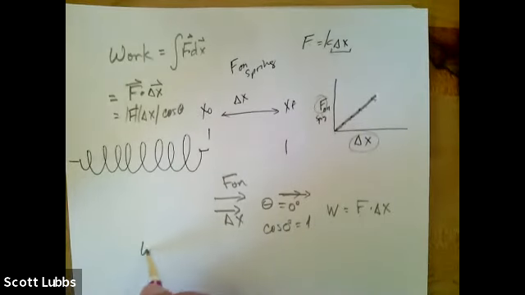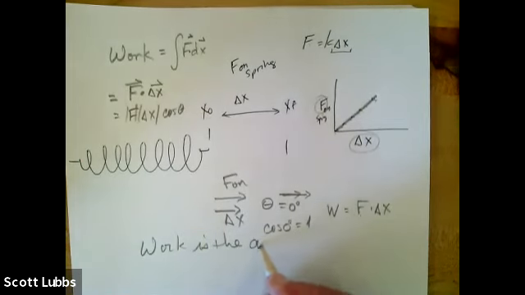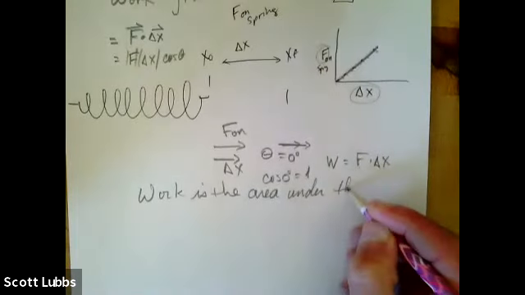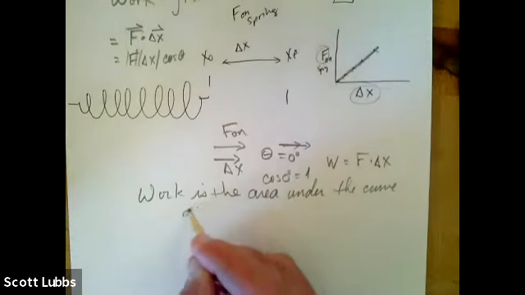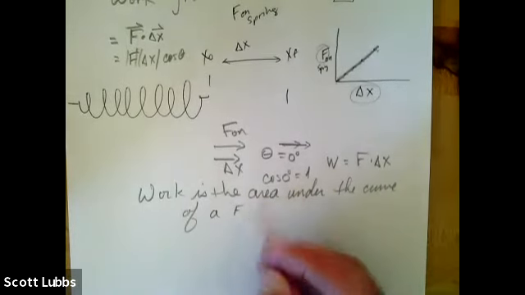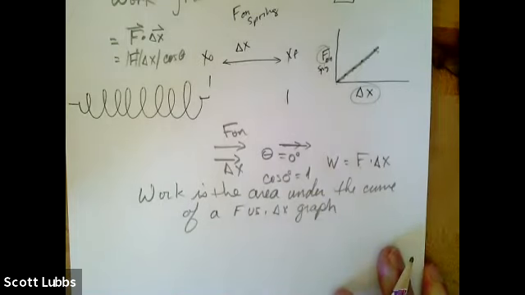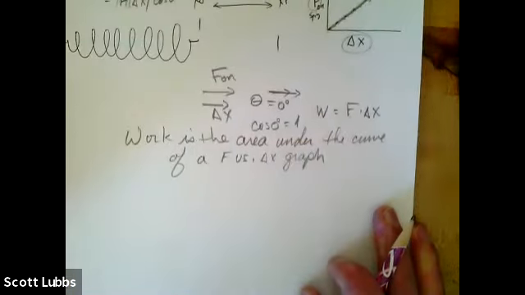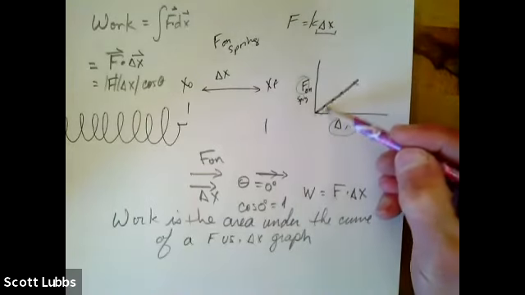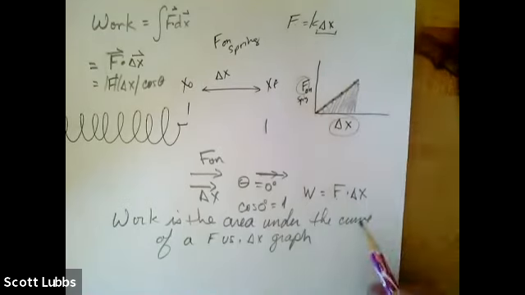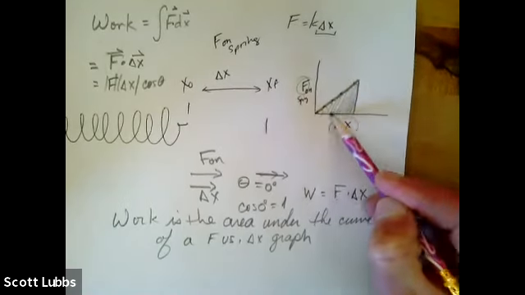So then I shift to work is the area under the curve of an F versus delta X graph. Look, I want the area under this curve here. Well, this to me looks like a triangle.